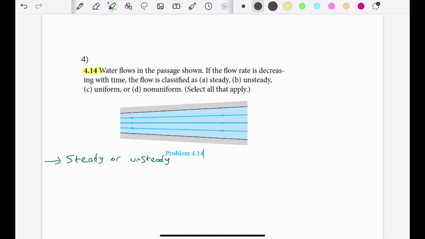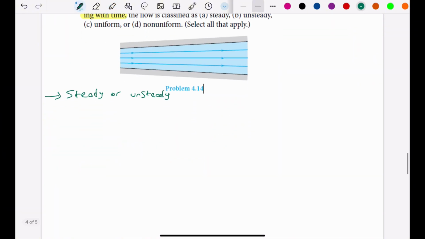This is question 4.14. Water flows in the passage shown, and if the flow rate is decreasing with time, the flow is classified as steady, unsteady, uniform, or non-uniform, and we need to select all that apply. So when we have steady flow, it means that the velocity or flow rate at each location is constant with time.